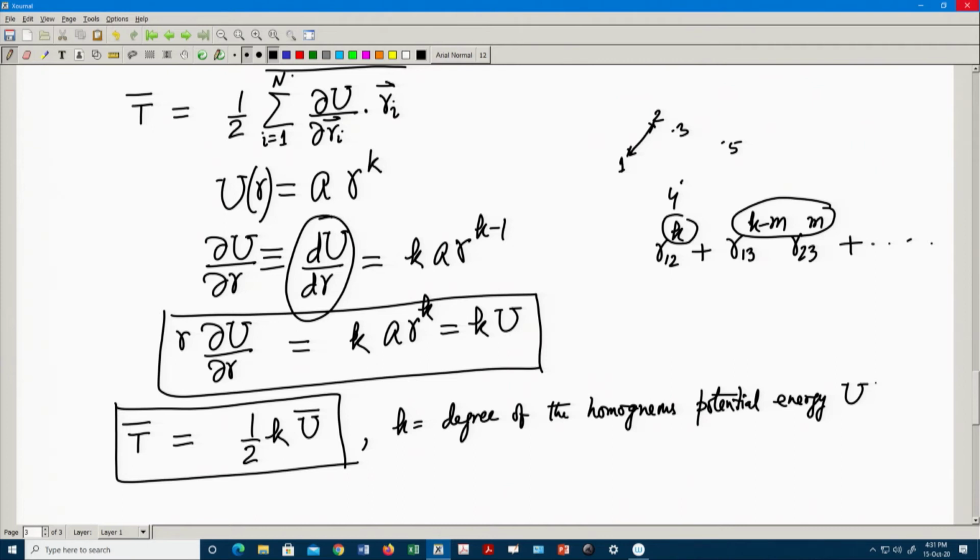Okay. So, we have put two assumptions here. First, we considered forces which are derivable from a potential which depends only on coordinates, and then we made another assumption: if potential energy is a homogeneous function of these coordinates, various distances between the particles, let us say the degree of homogeneity is k, then the average kinetic energy is equal to half k times the time average of u. Okay.